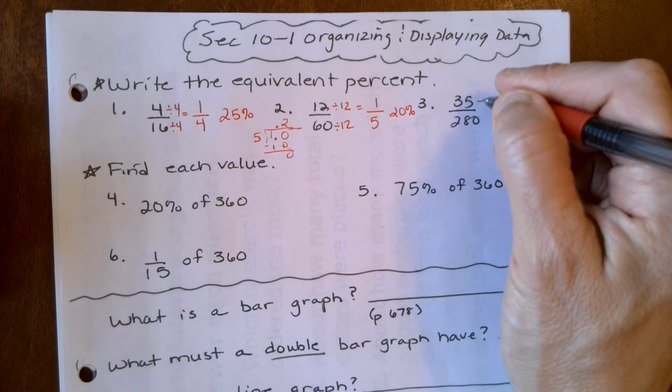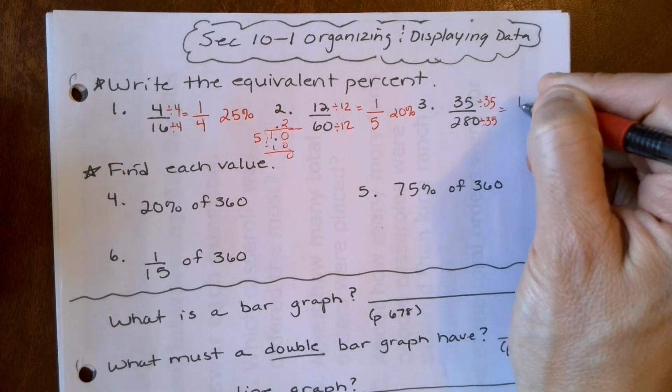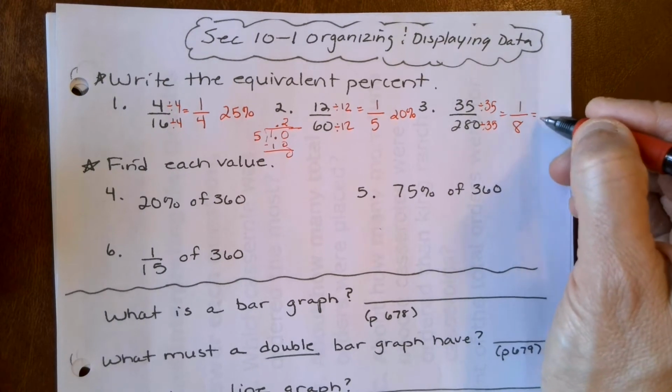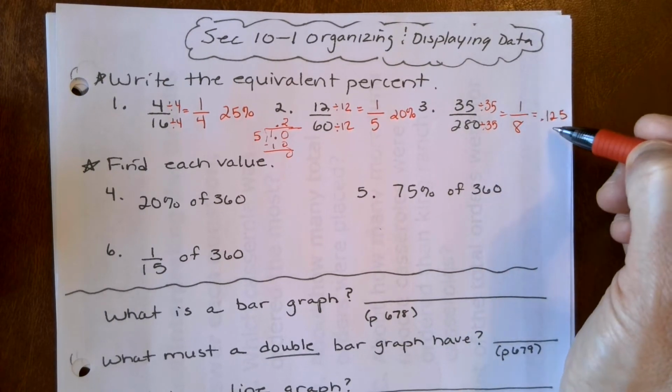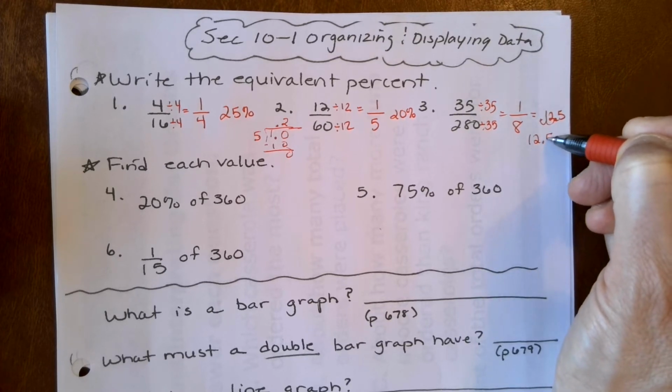Yeah, nice. That's 1/8. And again, you can use your calculators. I just want to make sure you don't forget and just use them all the time. So 1 divided by 8 is 0.125. Move the decimal 2 spots, and you have 12.5%.